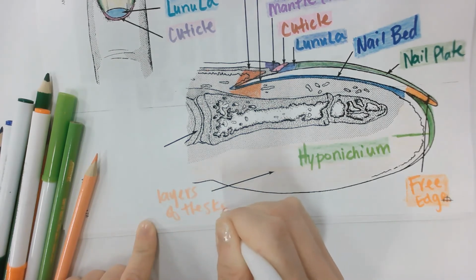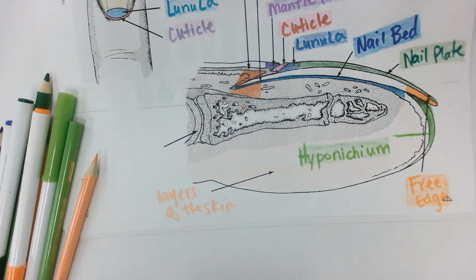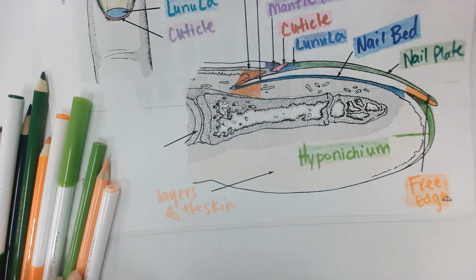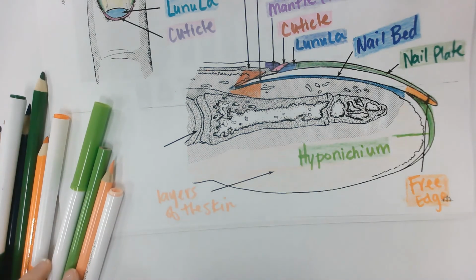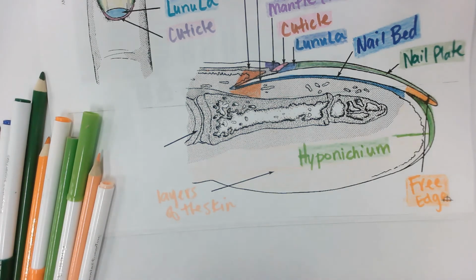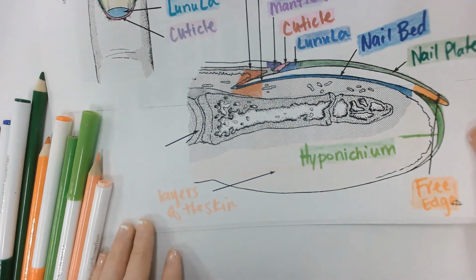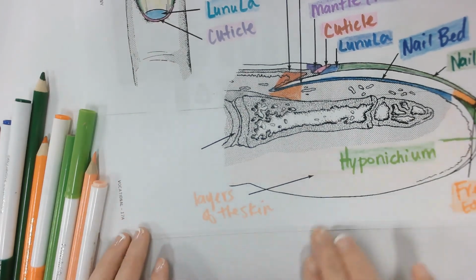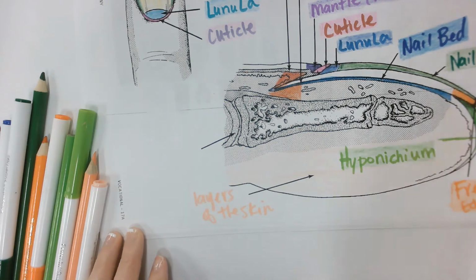Remember that you do not have hair on the bottom of your hand and the palm of your hand. We're not going to go into the whole layer part. That's just skin. That's where your fingerprint goes.